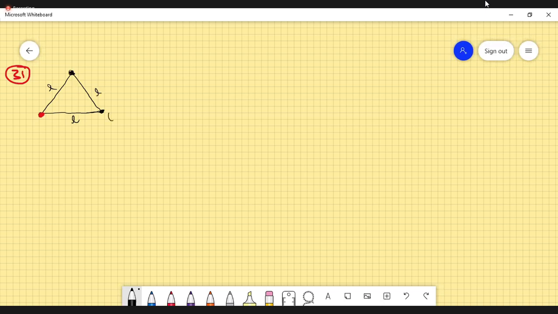This will be L comma 0. Yesterday we found this one, someone asked this doubt.